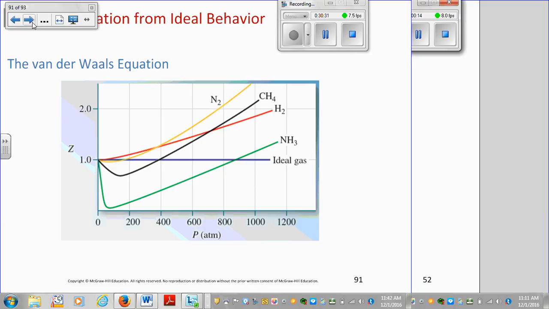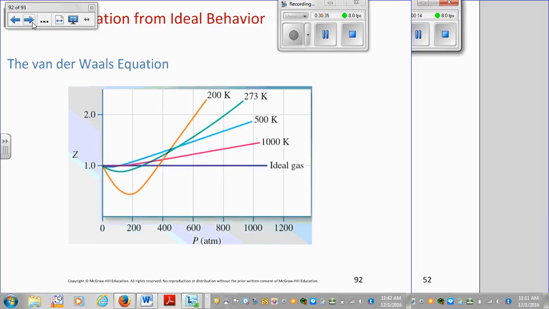Compressibility factor. So, okay, look at this one. As the temperature goes up from 200 K to 1,000 K, the compressibility factor goes down. Why?